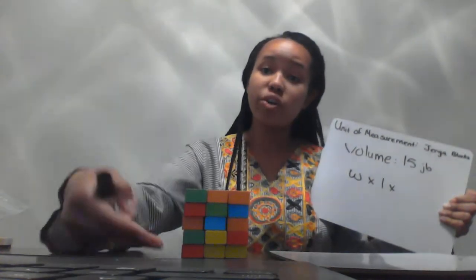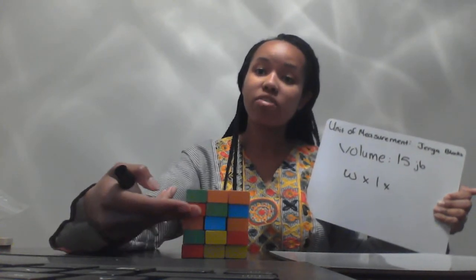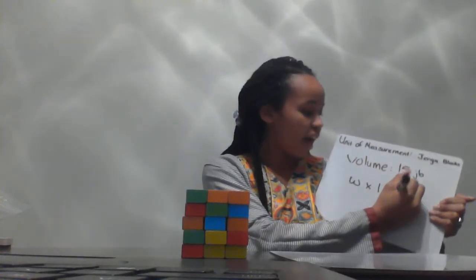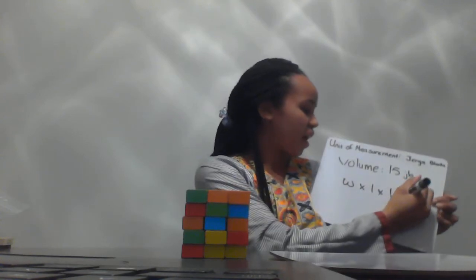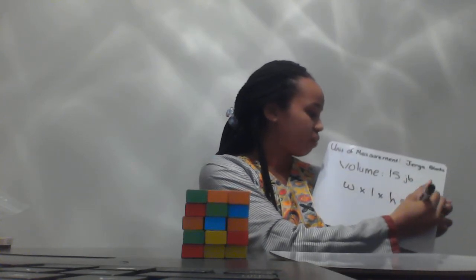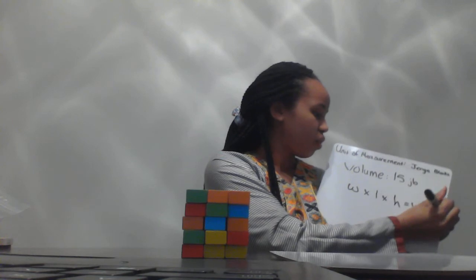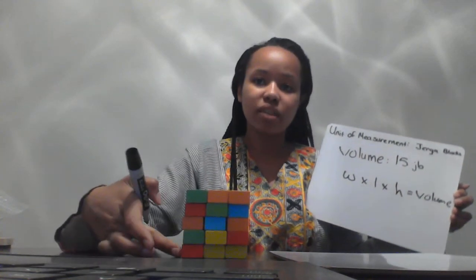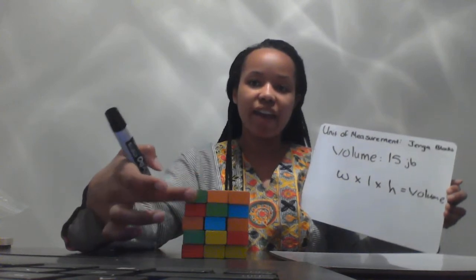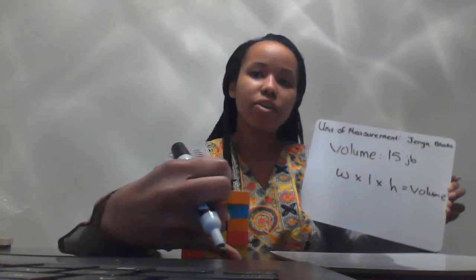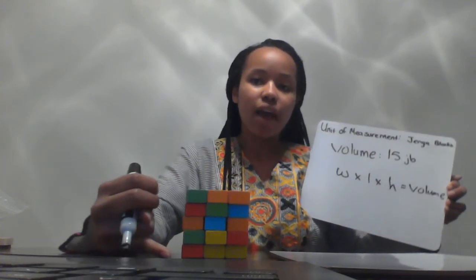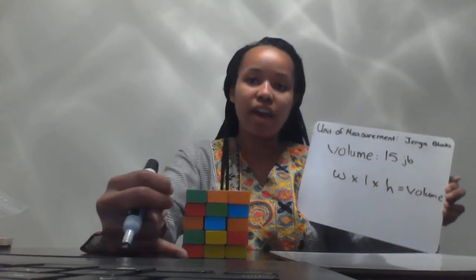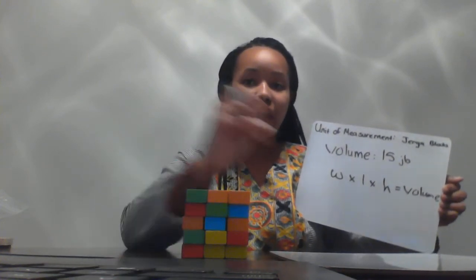I need to include how I count it up. When I count it up, this represents the height. When I want to find volume, I'm doing the width times the length times the height. That means I'm counting up the blocks that make the width, the blocks that make the length, and the blocks that make the height.